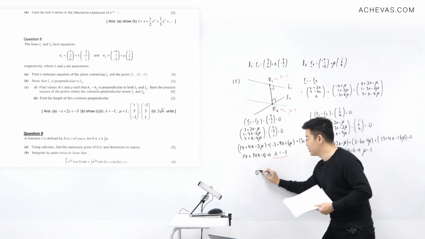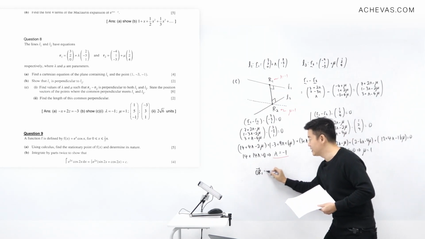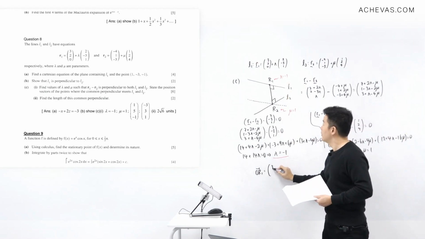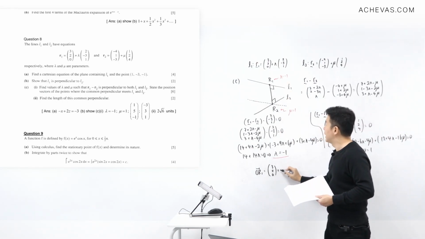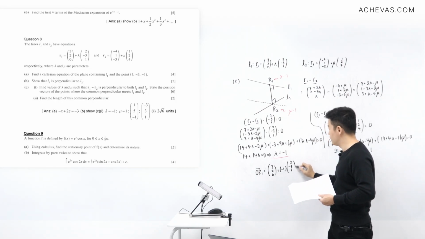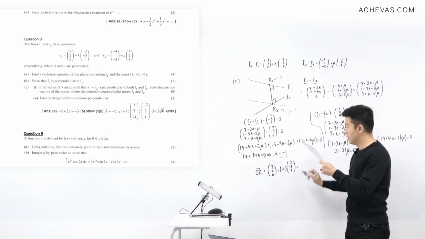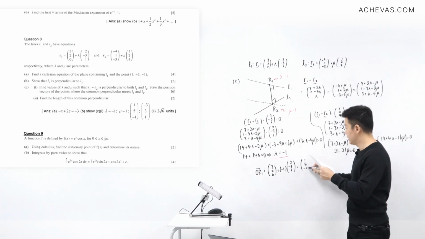So this can allow me to find the position of R1. So let me write position vector of R1. Okay, so it is this, OR1. OR1 will be (3, 2, 0) plus lambda, which is minus 1, of (2, -3, 1). So OR1 is equal to (1, 5, -1).